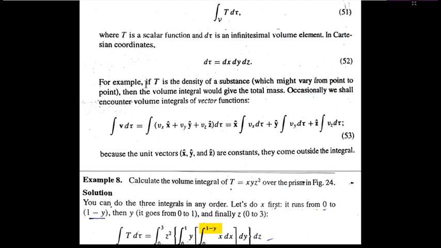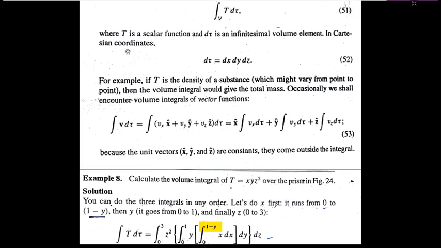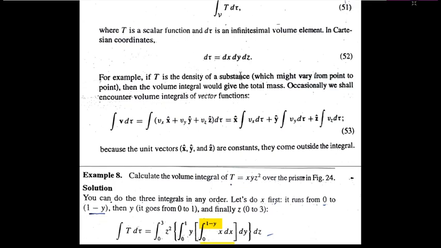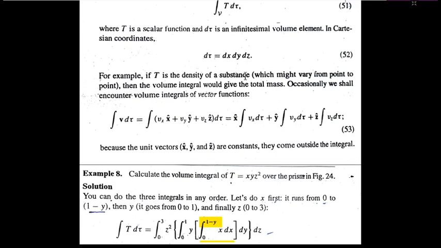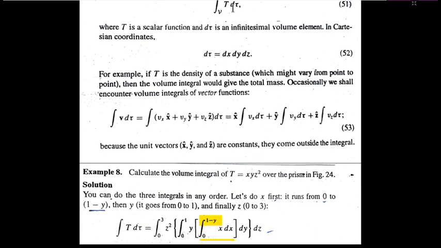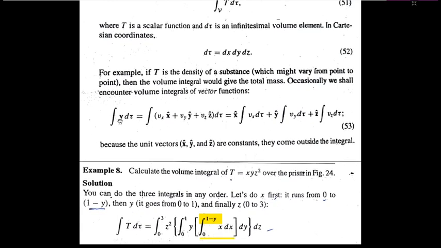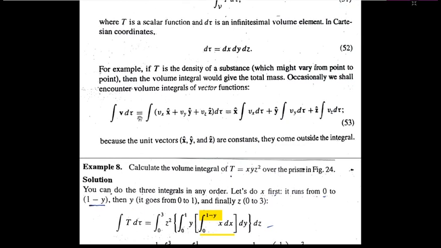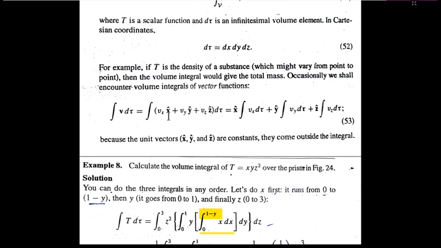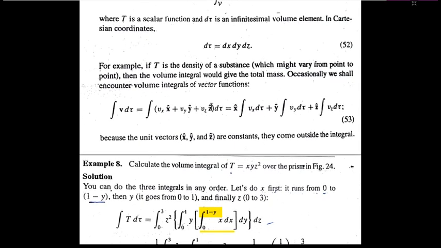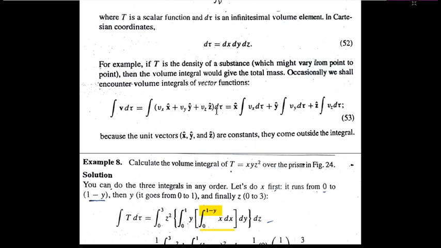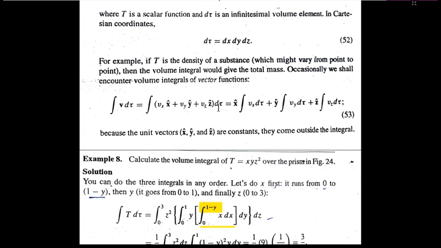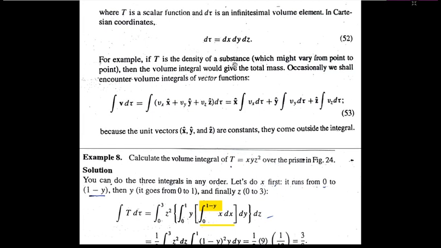For example, if t is a scalar function as I said here, let me assume that t is the density of a substance. Now in this case the integration of v d tau is equal to the integration of vx x cap plus vy y cap plus vz z cap into d tau. This is a normal dot product, and d tau is basically dx dy dz.